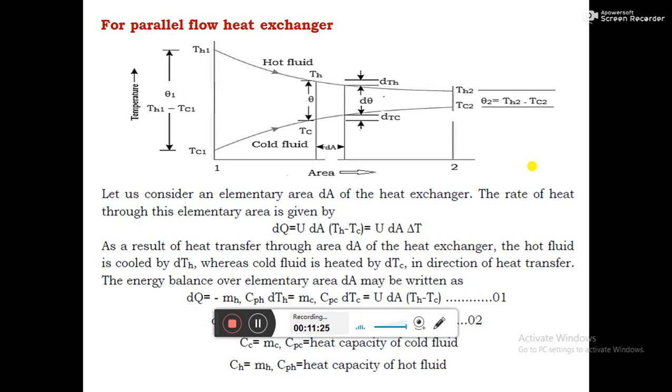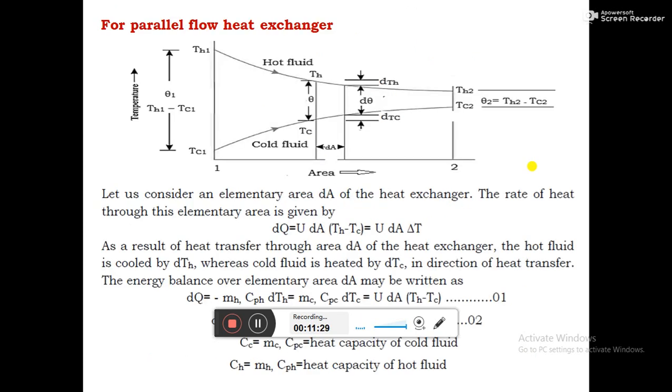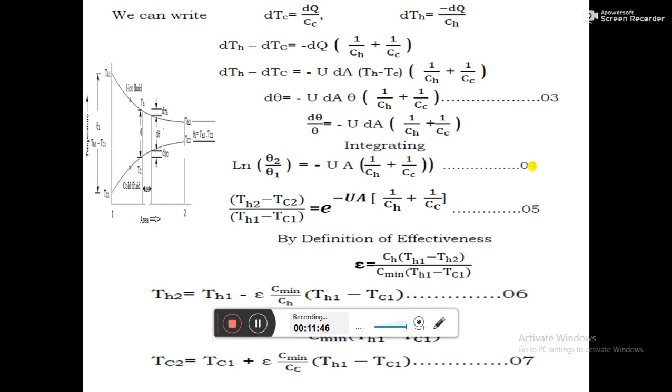Therefore, we can write from the above equations dq equals Ch into dTh equals Cc into dTc equals U into dA into (Th minus Tc). Call this equation number 2.